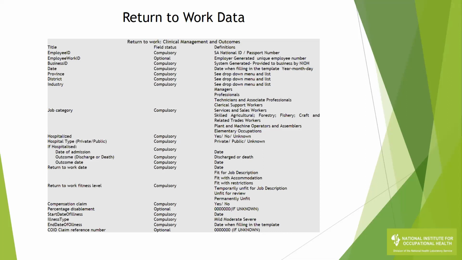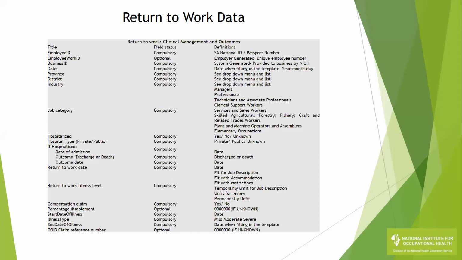It's possible that the employee might not have shared the information with the employer. If you don't know whether the person was hospitalized or not, then it would be unknown. But this is a compulsory field, you can't leave it empty. So you have to choose between the three options given there. And then hospital type, this is also information that as an employer you might not know.